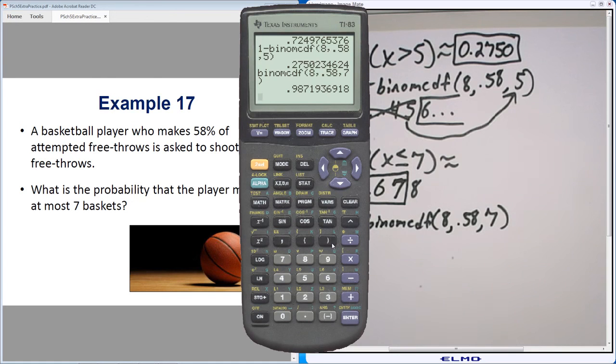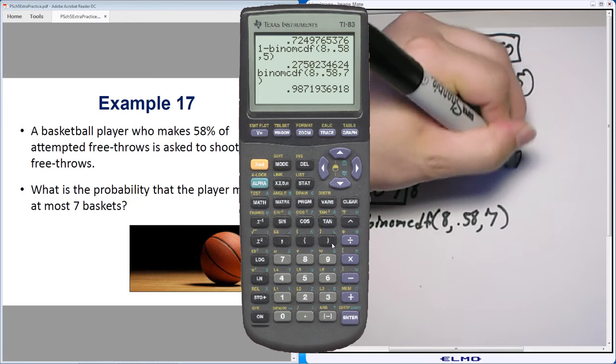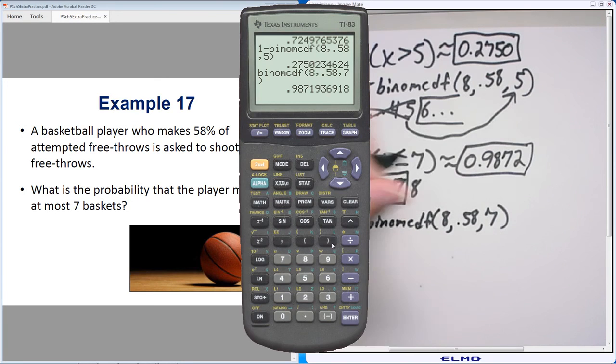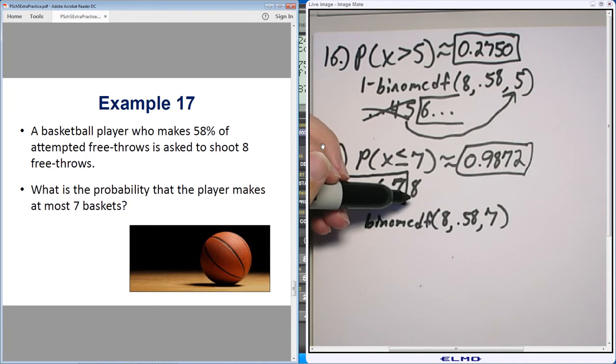So we get 0.9872. That's the answer to that one. We also could have done 1 minus binom PDF with the probability of 8. Would have gotten the same answer.